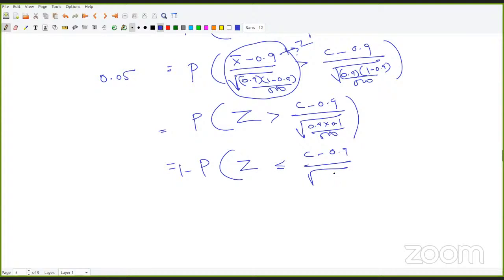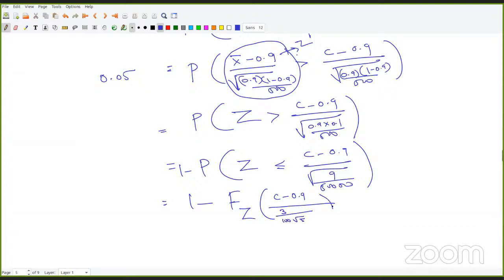So this is like 9 by 5 lakhs, and this is 0.05. So 1 minus F_Z of C minus 0.9 divided by 3 divided by 100 root 5 equals 0.05.